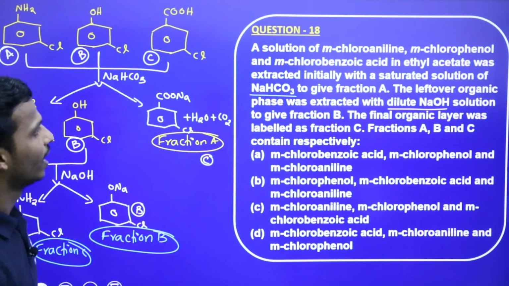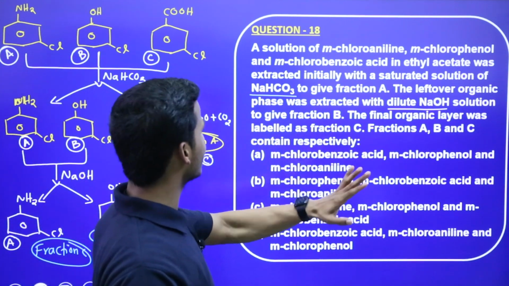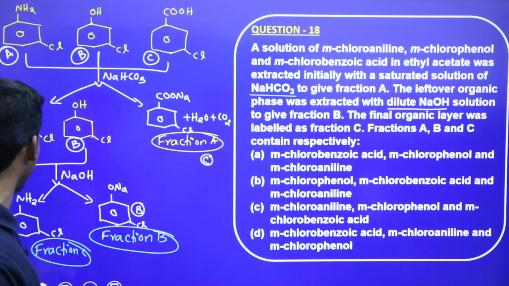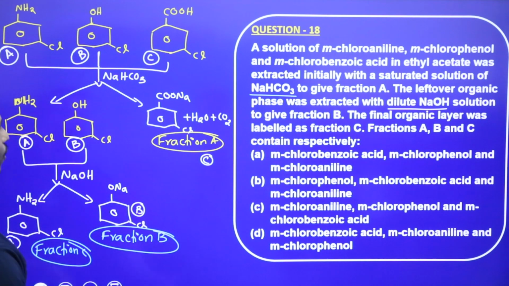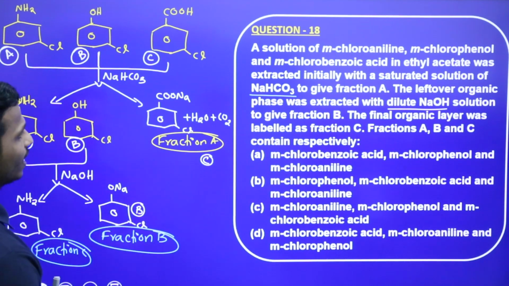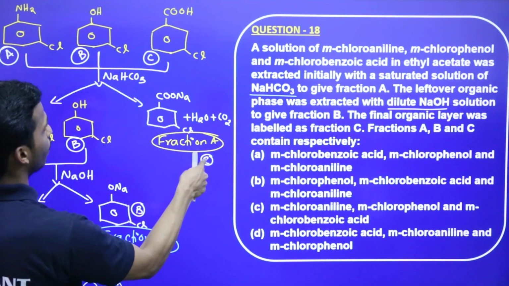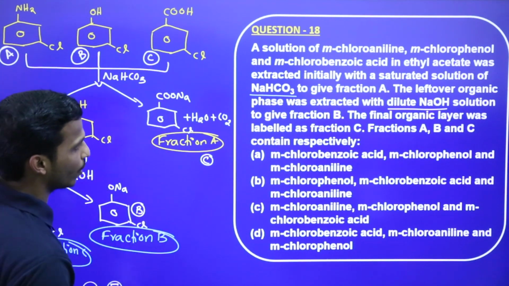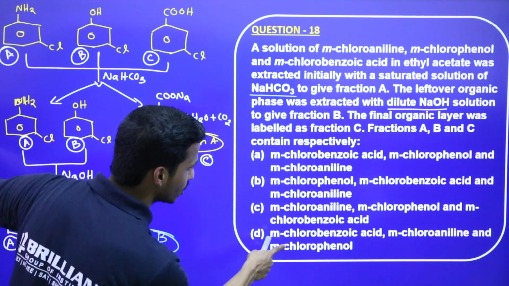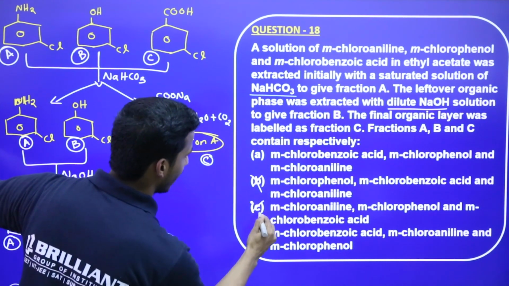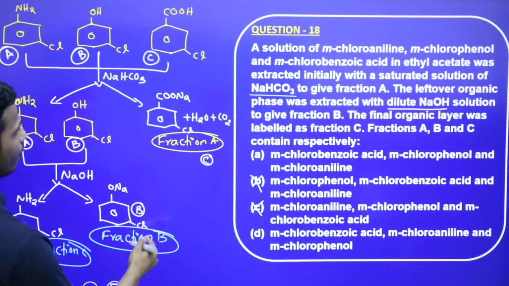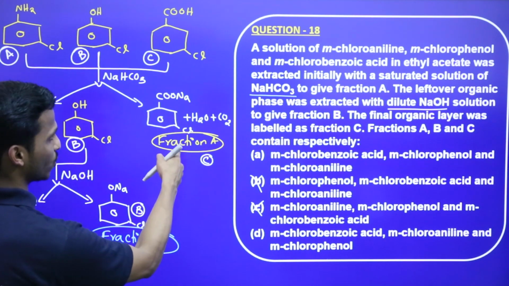Okay, fine. The fraction A, B and C contain respectively. Very simple. What is that? Your fraction A, which is that fraction A? This compound C, metachlorobenzoic acid. So your answer either A or D. Fraction A is metachlorobenzoic acid.